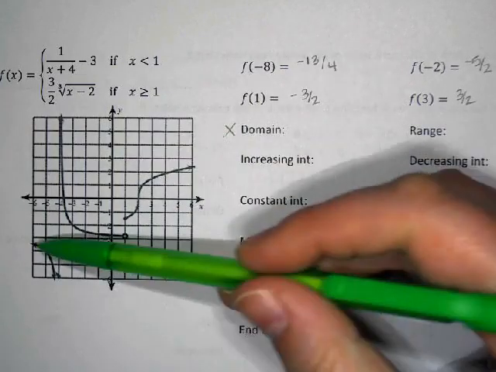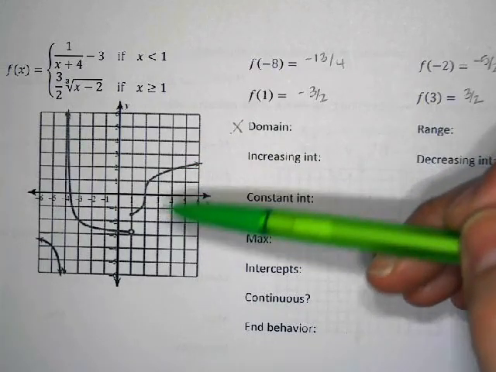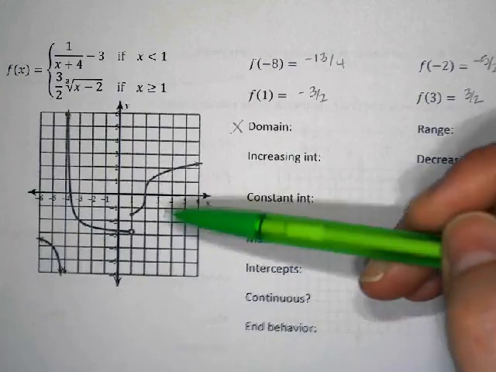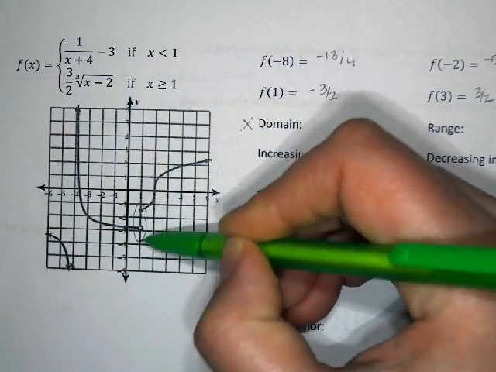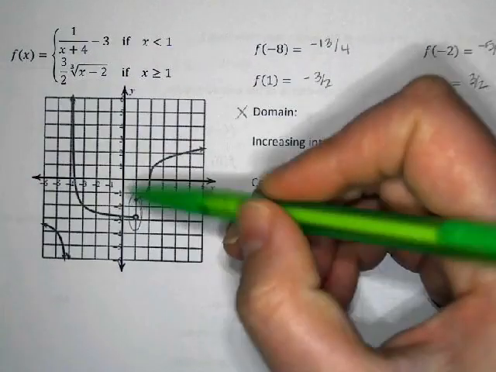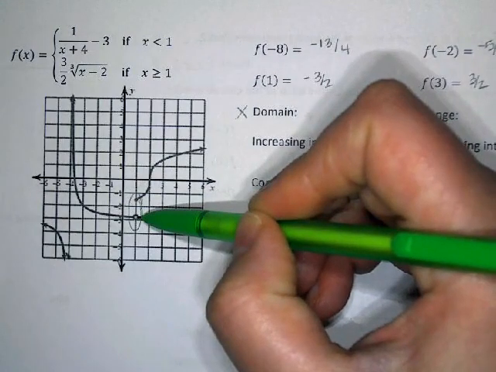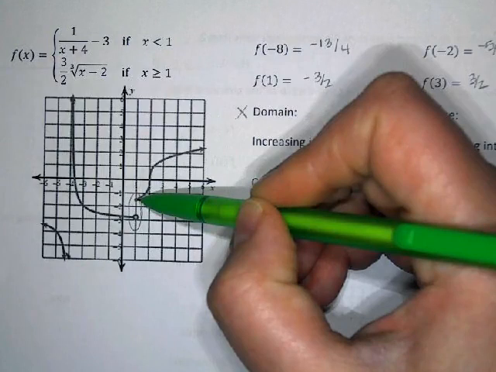I'm thinking, okay, the domain is probably from negative infinity to positive infinity, but are there x values that are not being used? Here I'm a little bit concerned about the x value of 1, but should I be concerned? No. It looks like it's not being used here, but then up here the x value of 1 is being used, so I don't have to leave it alone after all.